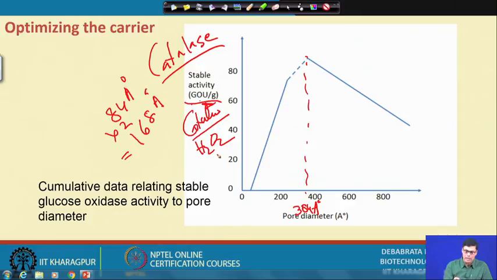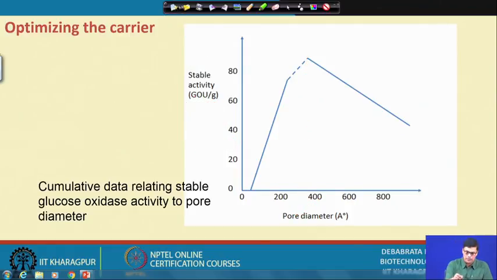Otherwise, if you don't use catalase with the glucose oxidase, accumulation of hydrogen peroxide will take place, and the activity of the enzyme will be lost. So that is why, in the case of glucose oxidase enzyme, about 384 or 380 angstrom will be most suitable for the immobilization of the enzymes.